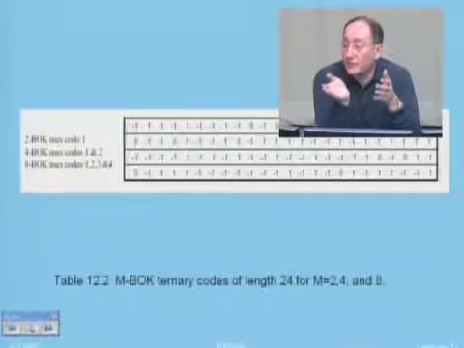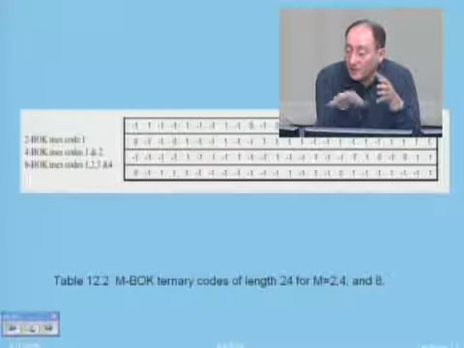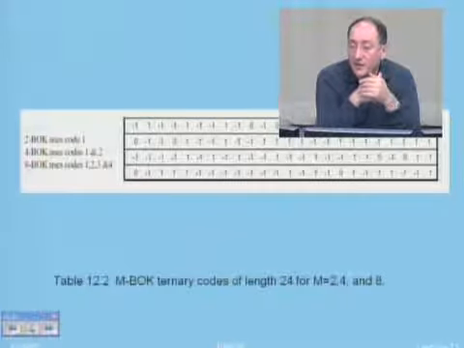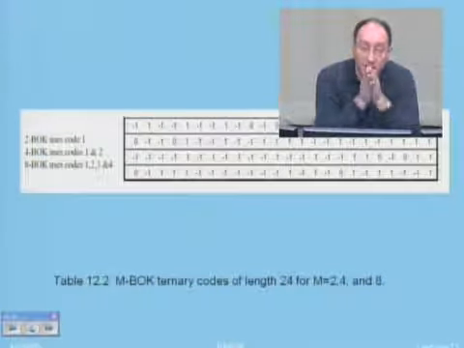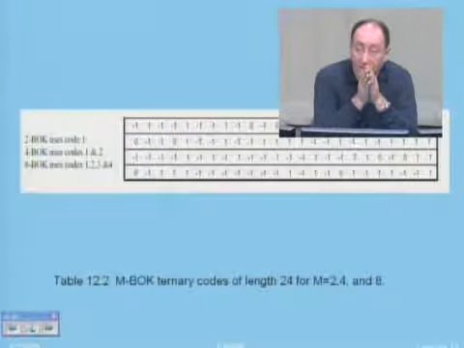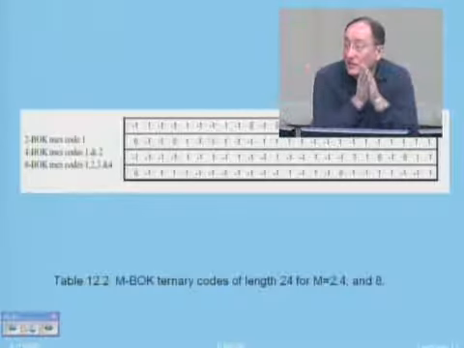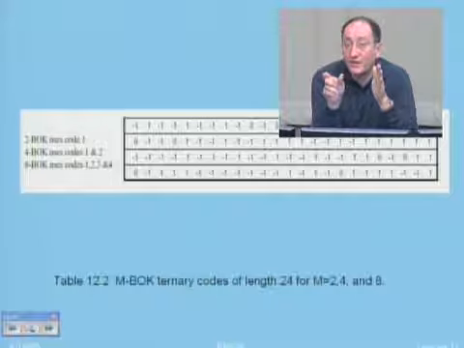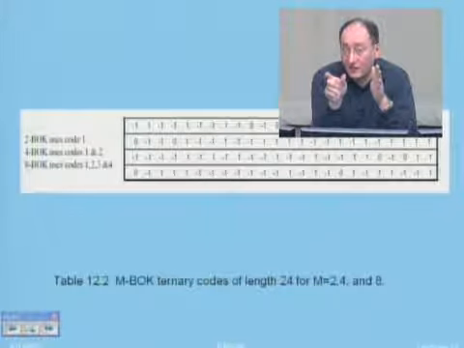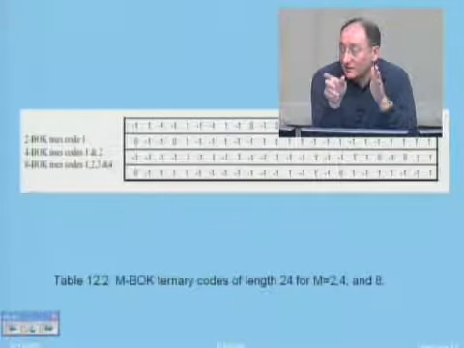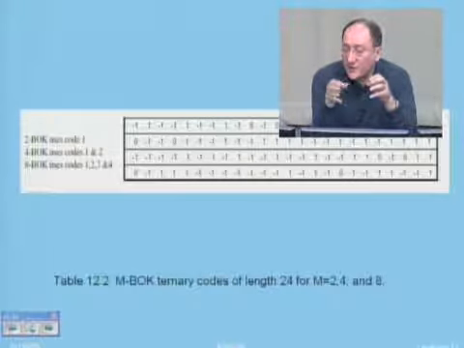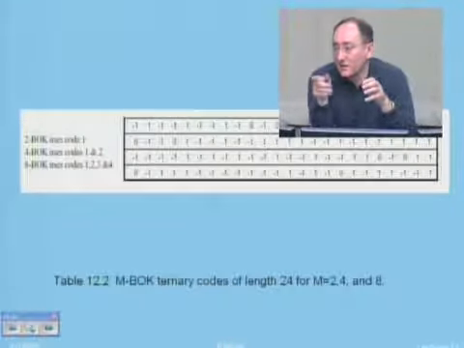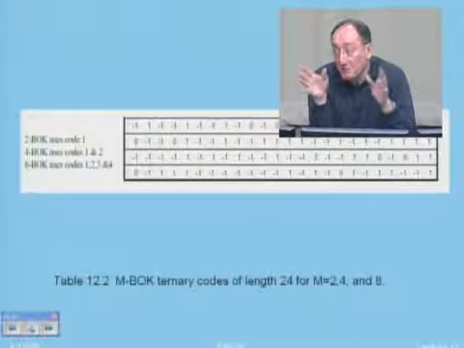Similar ternary codes are used, for example, in gigabit Ethernet, when there is no modulation. Because when you have modulation, you have difficulties when you have nothing. You don't send anything. But when you have baseband, you send 1, you don't send anything, then you send -1. That's no problem.